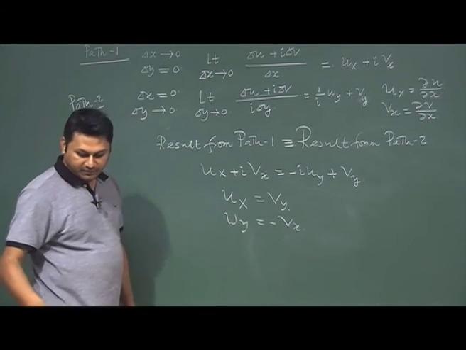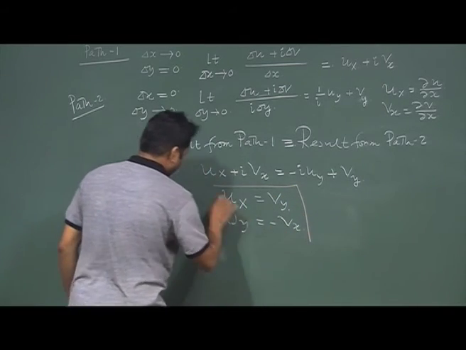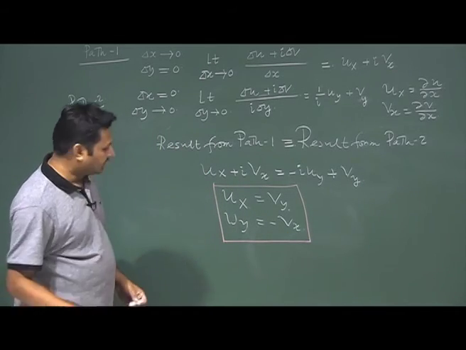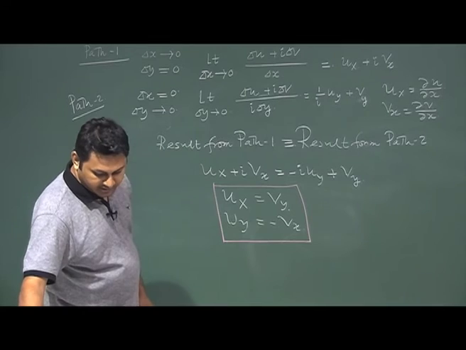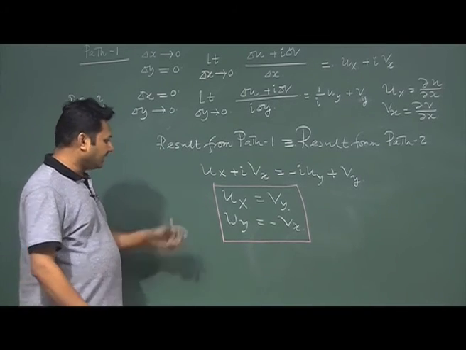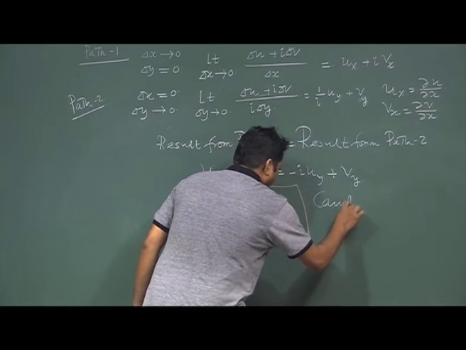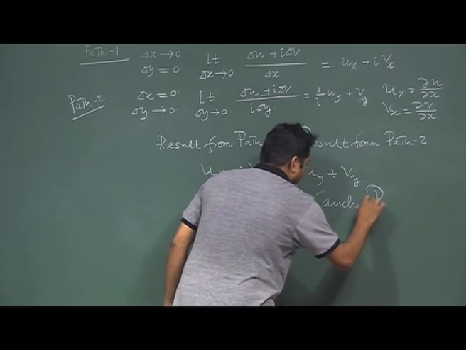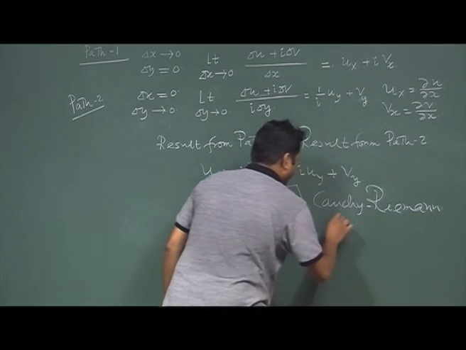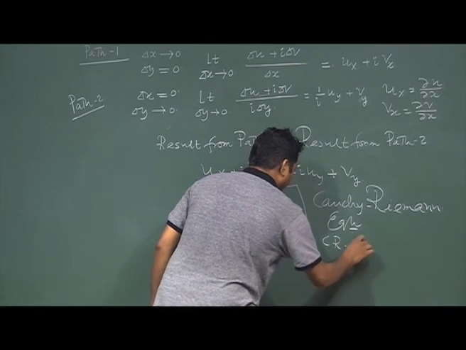This is a very important equation. This equation is called the Cauchy-Riemann equation. It is a necessary condition to have a derivative, but not a sufficient condition. In short, it is called the CR equation.